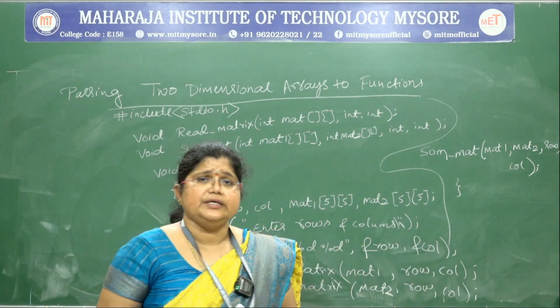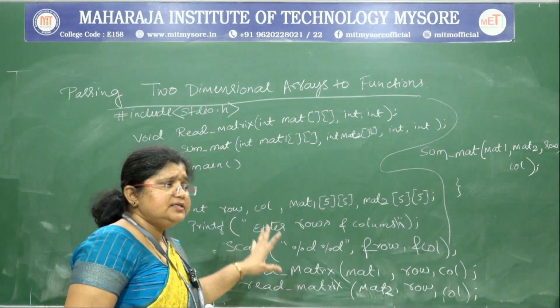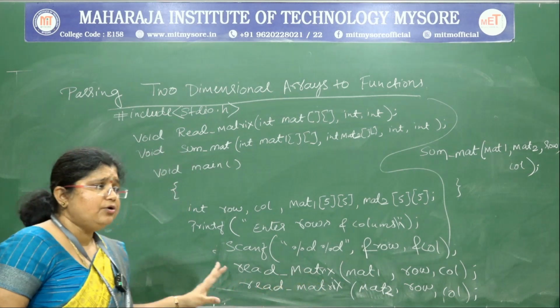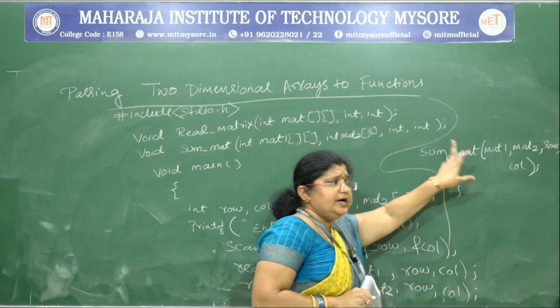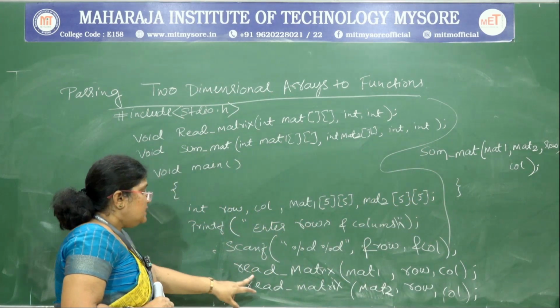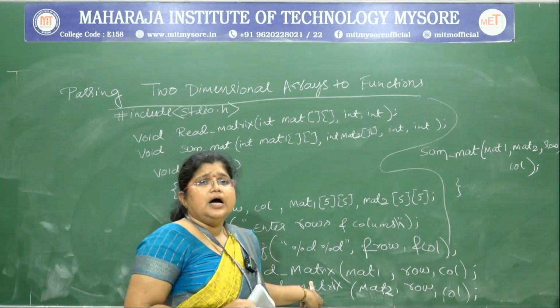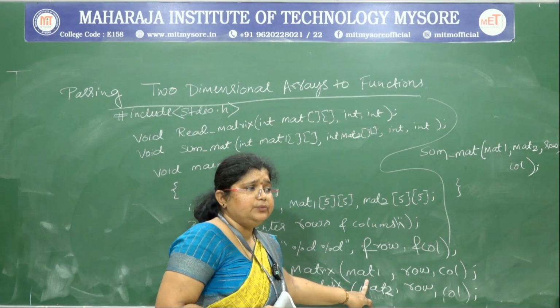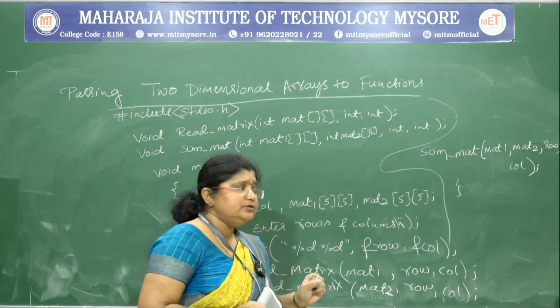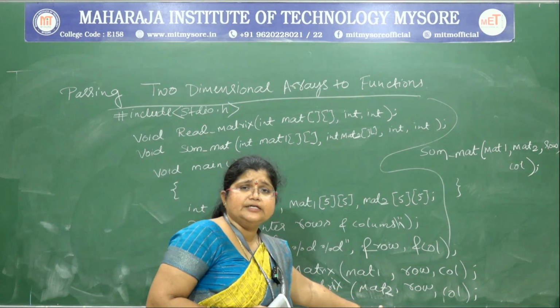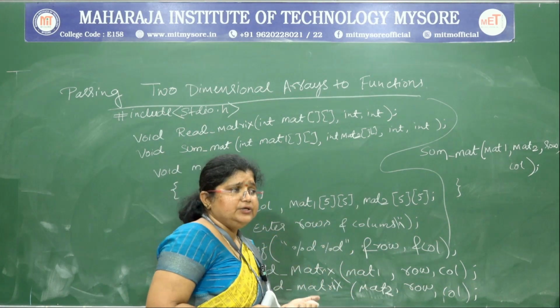Now we have completed the main function. In this main function we call the sum mat function, and first we call the read matrix function, passing the parameter mat1, the entire matrix, to get those values, and the entire matrix 2 to get the values.